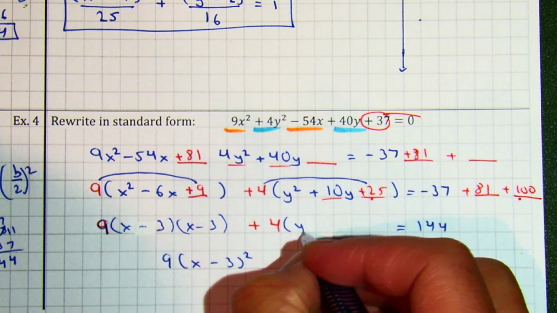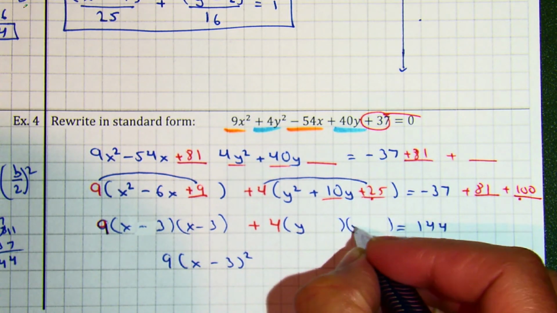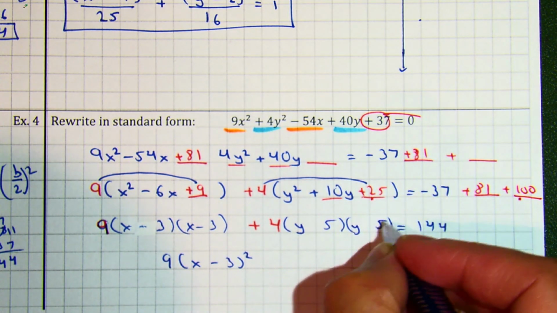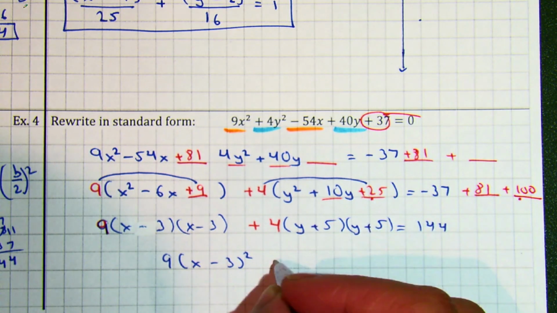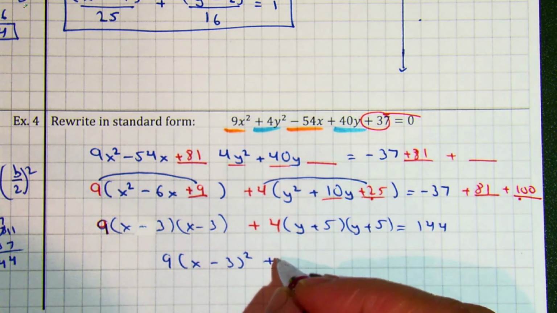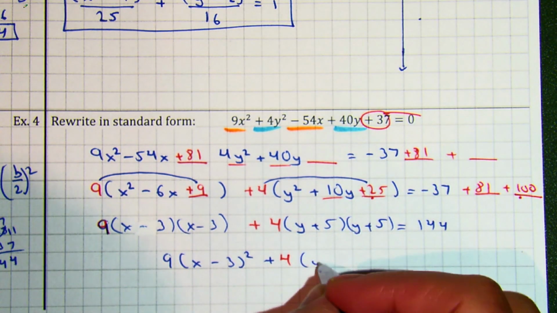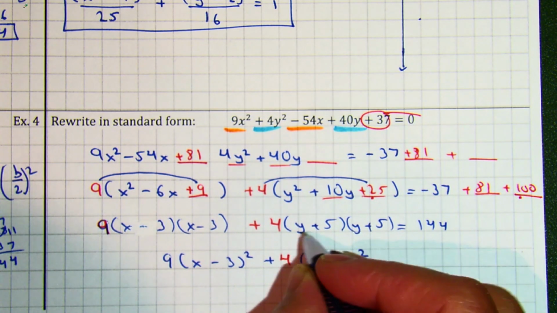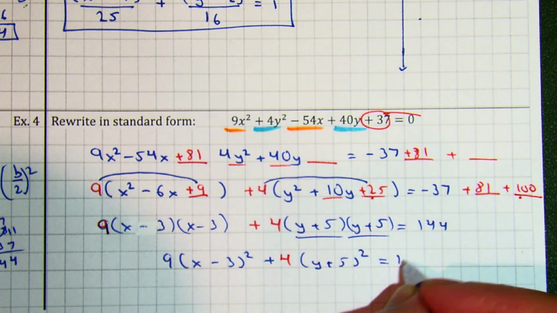And this will be y and y. Factors of 25 will be 5 and 5, and they both should be positives. Or 4 times y plus 5. There's 2 of them, so we can rewrite them as 1.